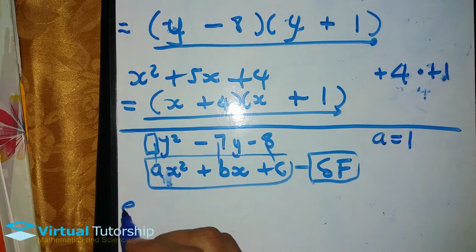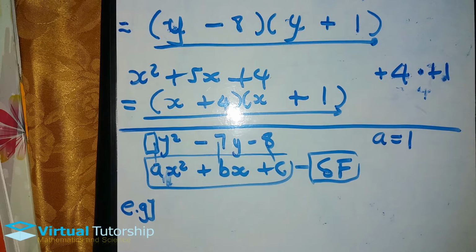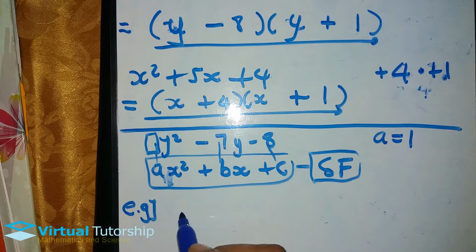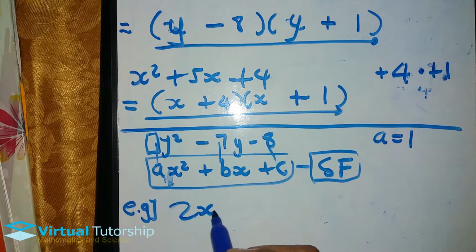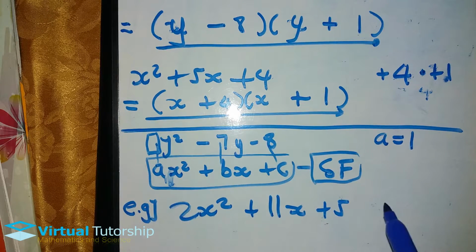But let's say for example my a is not equal to 1. Say my a is equal to 2, then my trinomial becomes 2x squared, say plus 11x, and then plus 5.